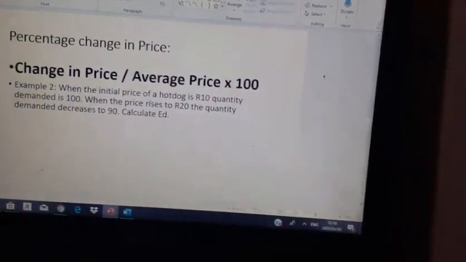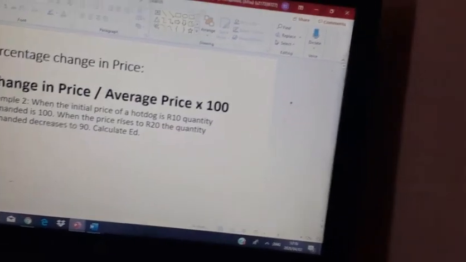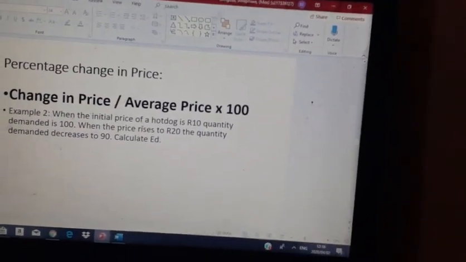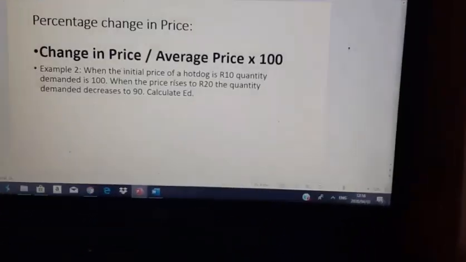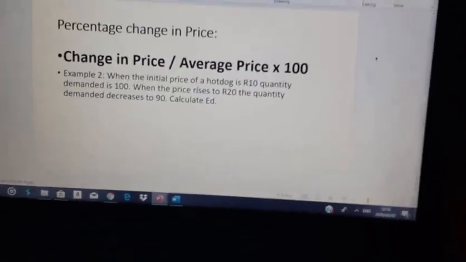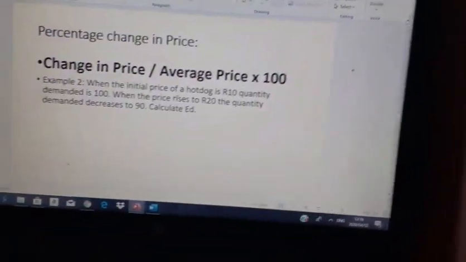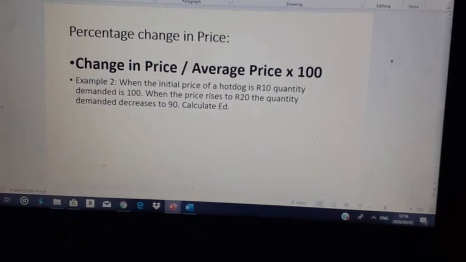And then another one will be your percentage change in price. The way we were calculating percentage change in quantity demanded is similar to the way that we are going to calculate a percentage change in price: change in price divided by average price times 100. That is going to give us the percentage change in what?